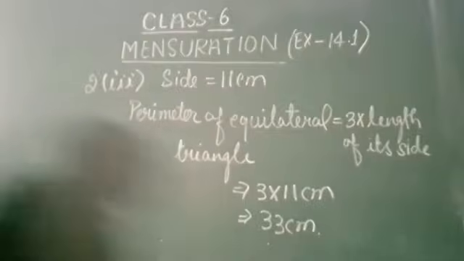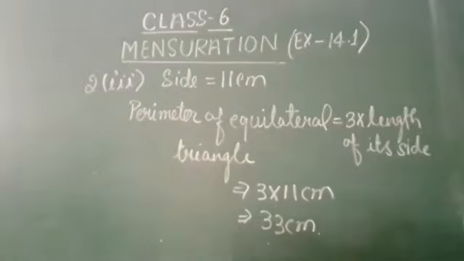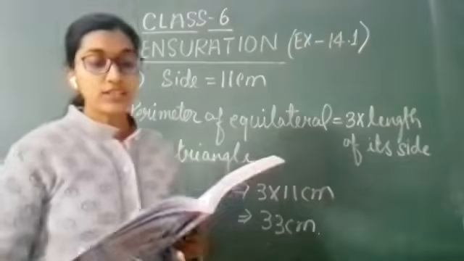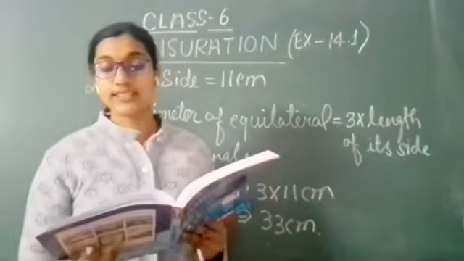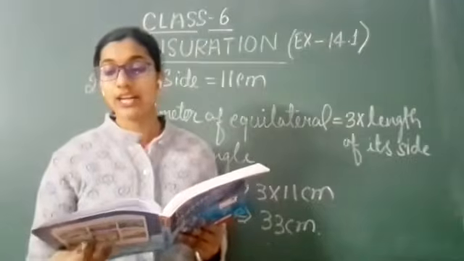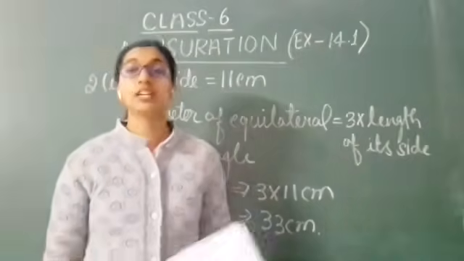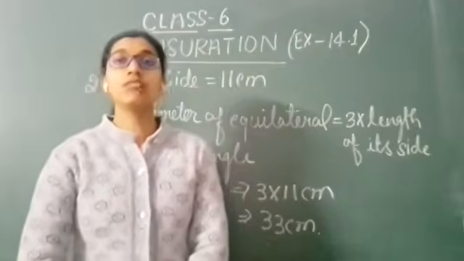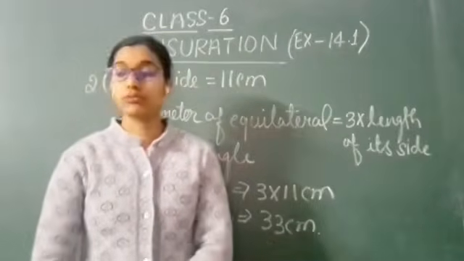Note it down. Then, the fourth part is given, an isosceles triangle with equal sides 10 cm each and third side 7 cm. In the case of an isosceles triangle, we have two sides equal and one side will be unequal.